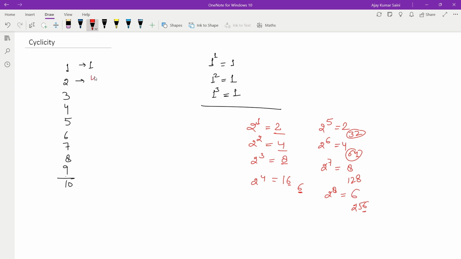So what is the cyclicity? 4. After 4, they are repeating.